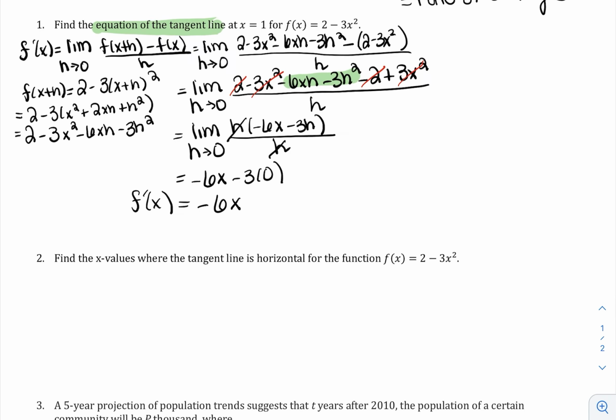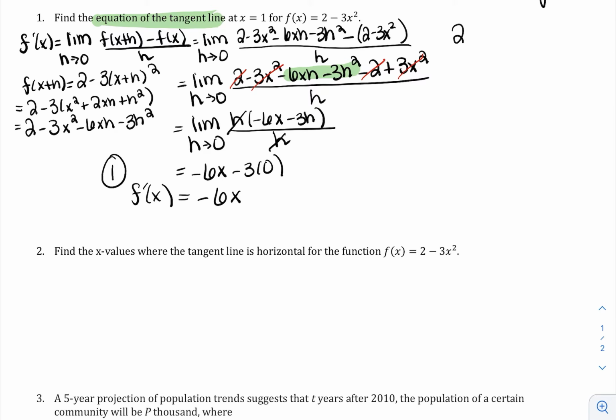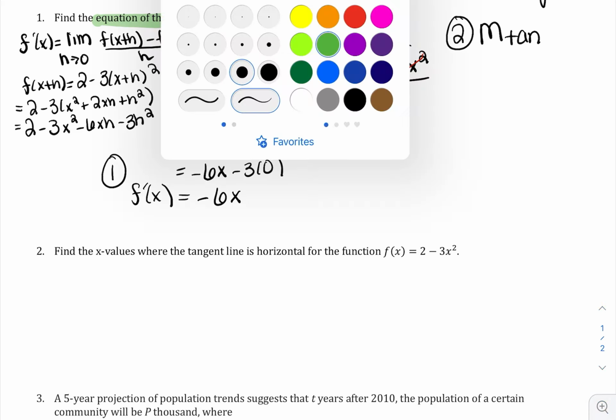When you're doing this type of question, step number 1 is going to be to find the derivative. Step number 2 is going to be to find the slope of your tangent line. Because remember, the derivative is the instantaneous rate of change for the entire function. But you're looking specifically for the tangent line at x equals 1.